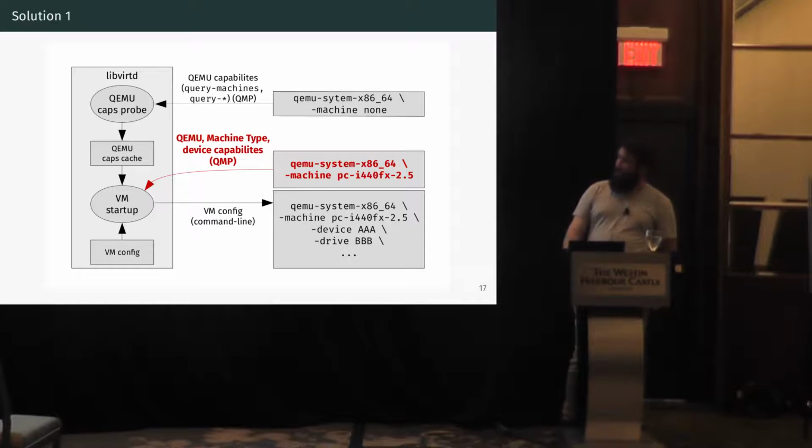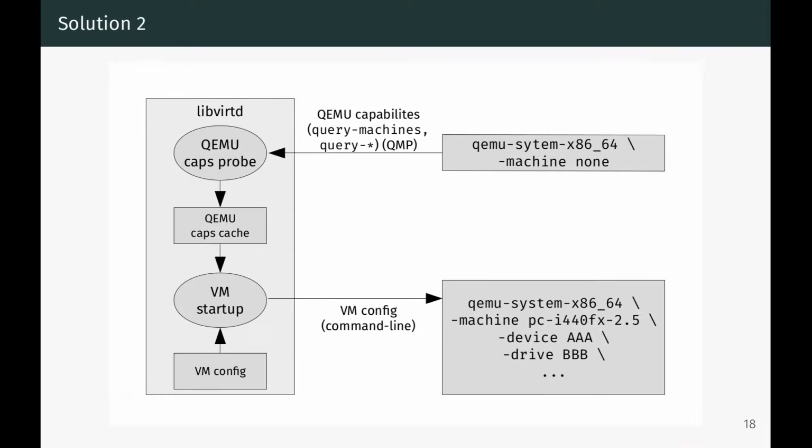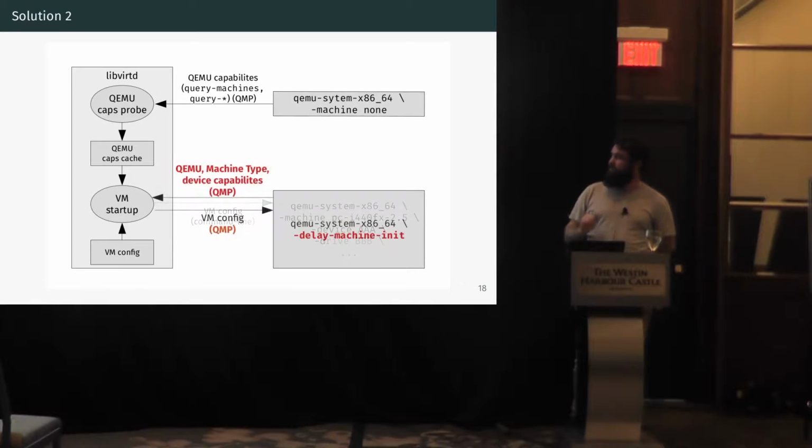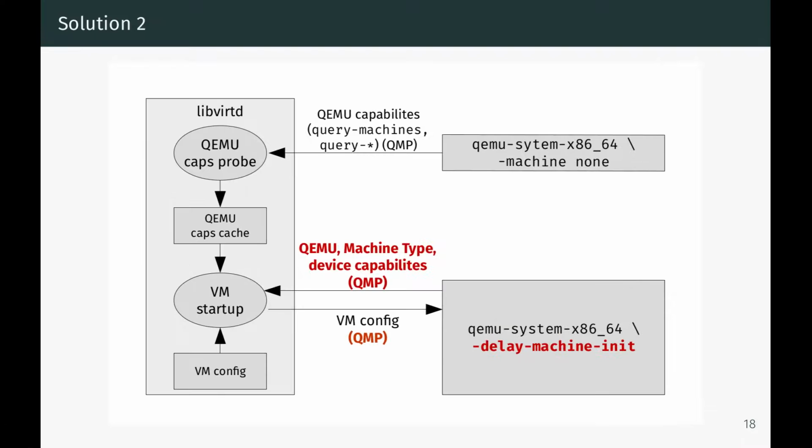Another solution we may have, and that's what I'm going to propose, and I want to hear feedback about it, is a mechanism that allows you to ask QEMU questions before configuring the VM.